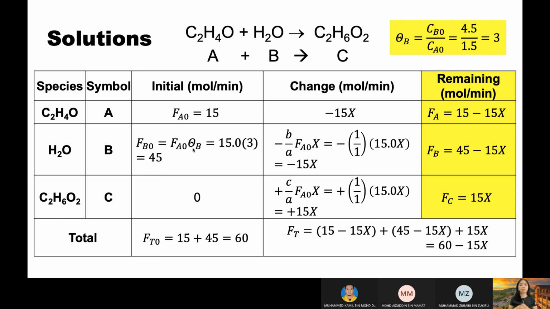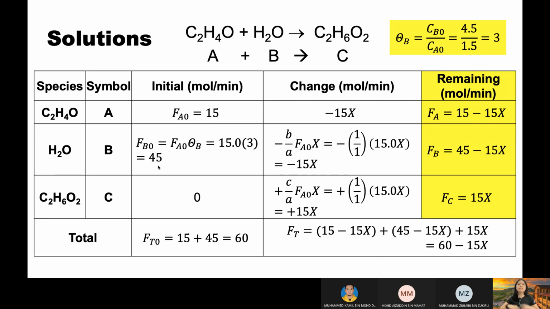So dalam example, what they gave us was the concentration. We know initial concentration of water 4.5 mole per liter. Initial concentration of ethylene oxide 1.5. So 4.5 divided by 1.5, you get 3. So theta B 3 multiply with 15. Molar flow rate B initially is 45.